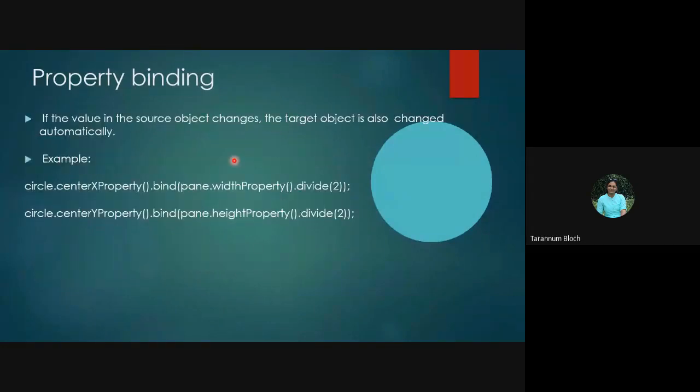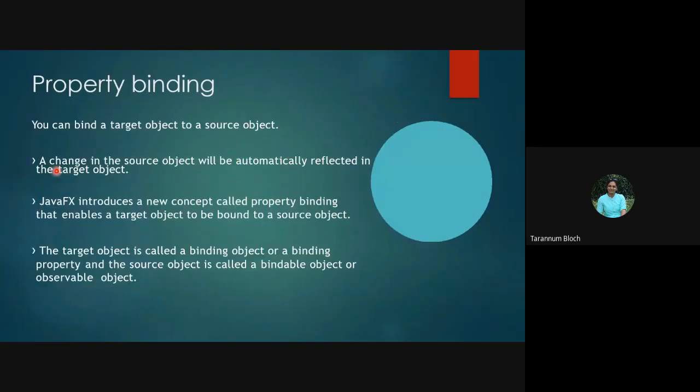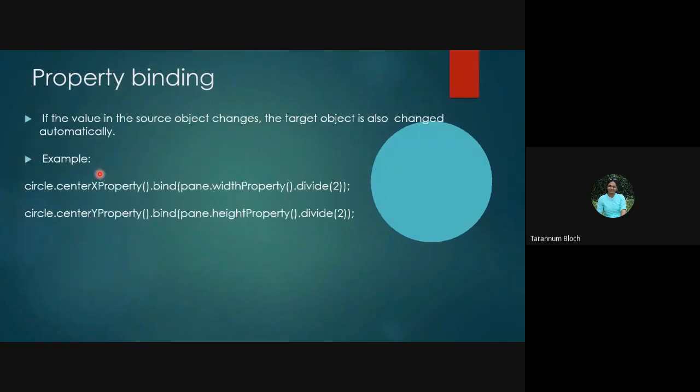What we said is that a change in the source object will automatically reflect in the target object. So source is pen. If I am changing the pen's width property to divide by 2, I'm making the pen width half, right? At that time, we are going to change the circle's center x position.